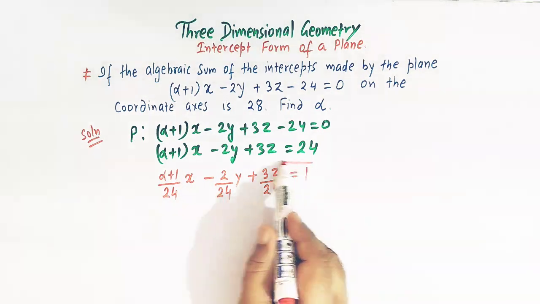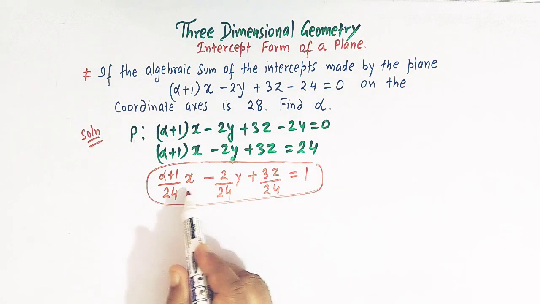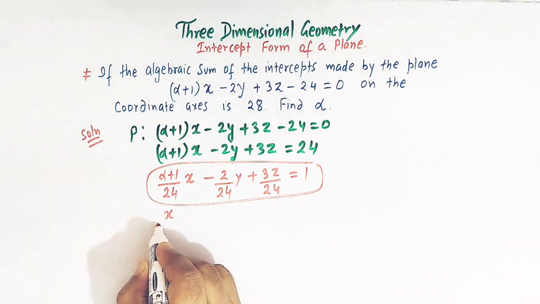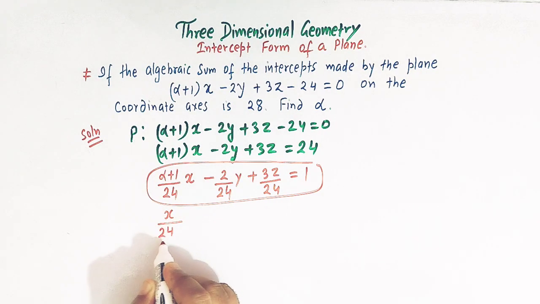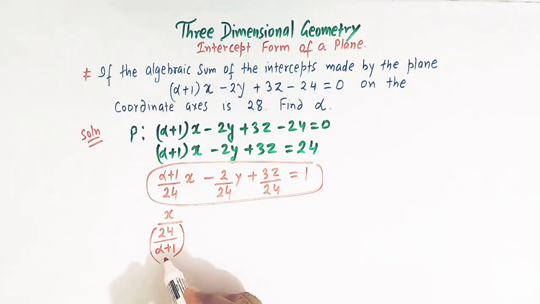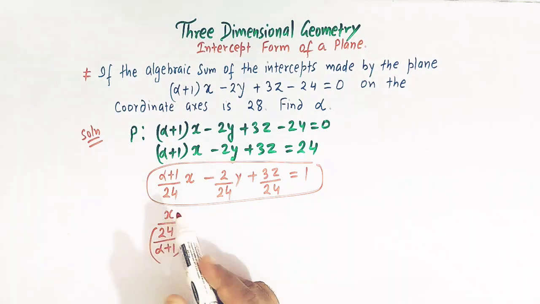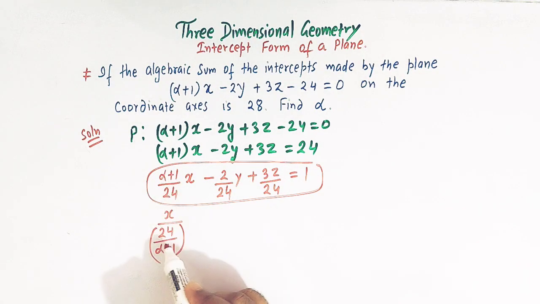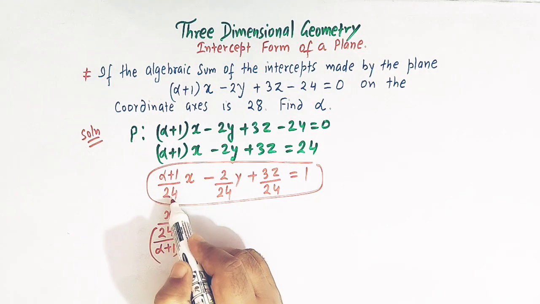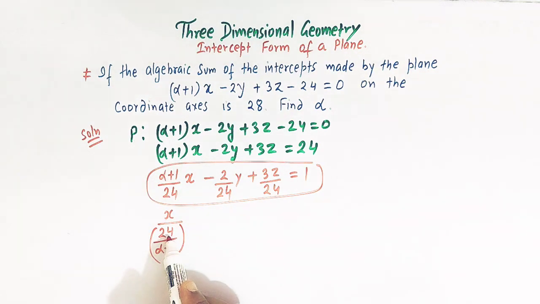Now let us rewrite this equation as x over 24 divided by alpha plus 1, because this alpha plus 1 can be taken to the numerator and we can multiply it by x. So (alpha plus 1) over 24 can be written as 24 divided by (alpha plus 1) in the denominator.